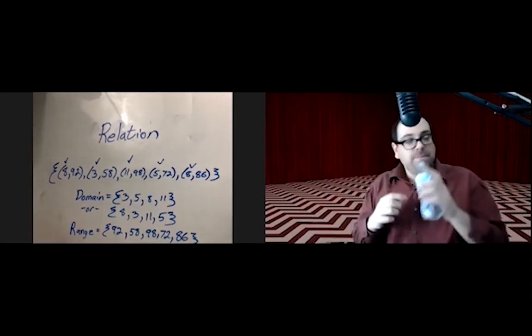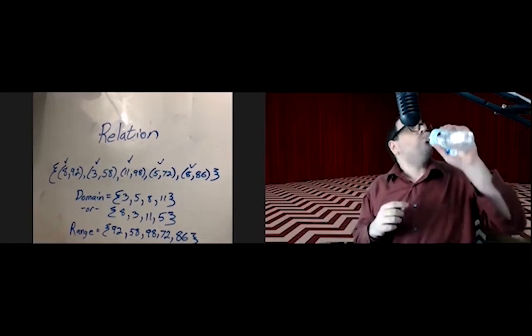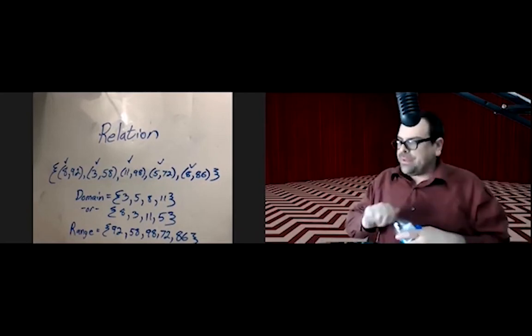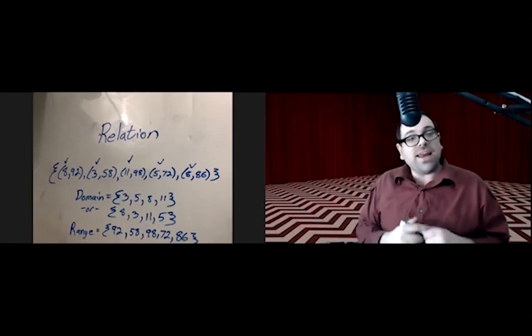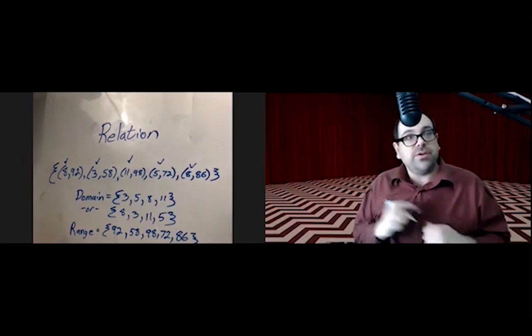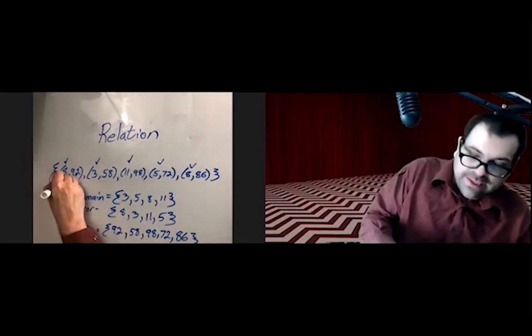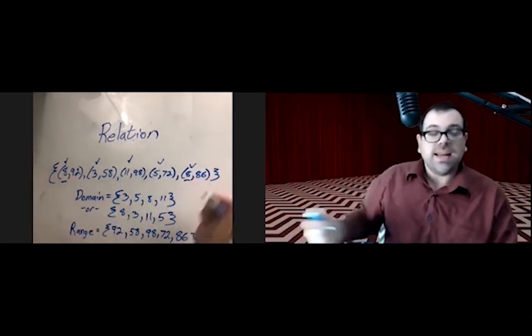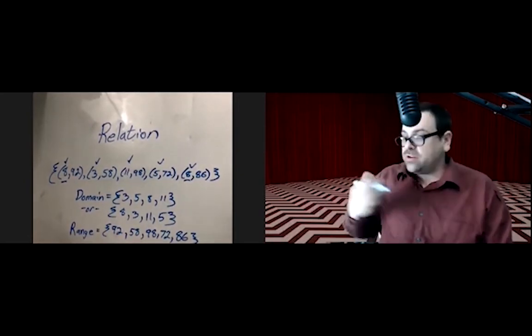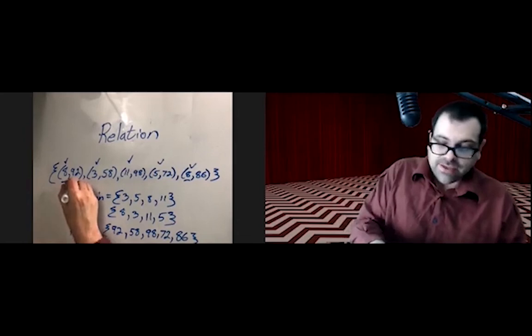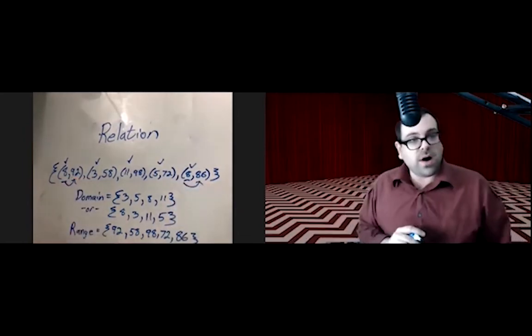And here's why. The most basic rule for a function is that it cannot have any repeated x values. So here is an 8 and here is an 8. And it's a repeated x value. It's there twice, but it has 2 different y values.